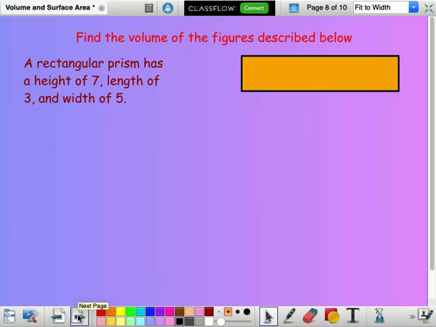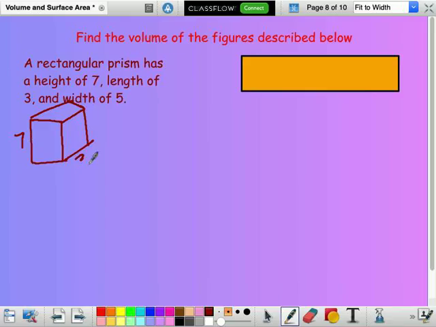All right, last. A rectangular prism has a height of 7, a length of 3, and a width of 5. If you need a visual representation, you would need to draw a rectangular prism. You don't need to make it beautiful, you just need to make it work.